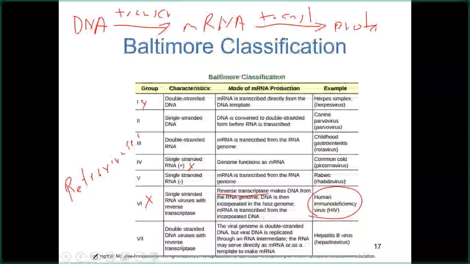So that DNA is used to produce an RNA intermediate, and then that can be used as a template to make messenger RNA, which can be used as the code for protein or proteins that would be used in making capsid materials and so forth, or it could be used to make more messenger RNAs. So anyway, that's an unusual group, and the hepatitis B virus, among others, are in that group.